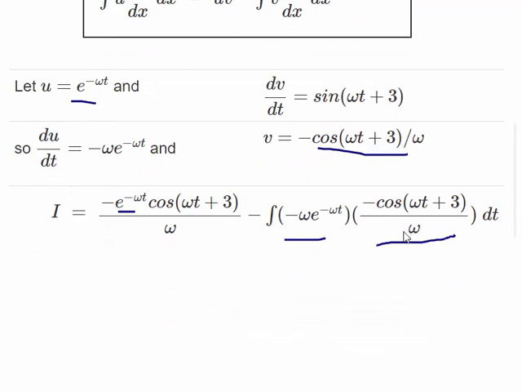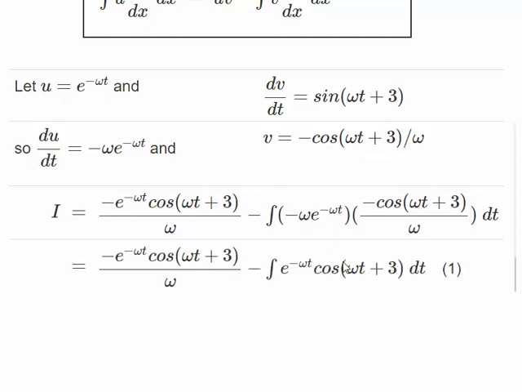Now we have omega here and omega here, so they will cancel. And we have a minus here and a minus here, so they will cancel. So we can write that I is equal to minus e to the minus omega t cos omega t plus 3 over omega minus the integral of e to the minus omega t cos omega t plus 3 dt. And I'm going to call that equation 1 because we'll come back to that.